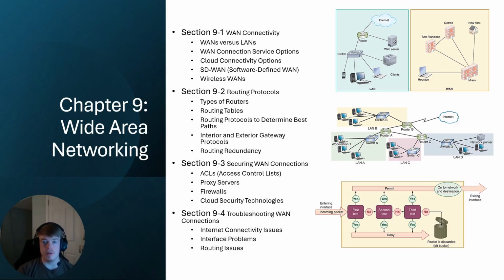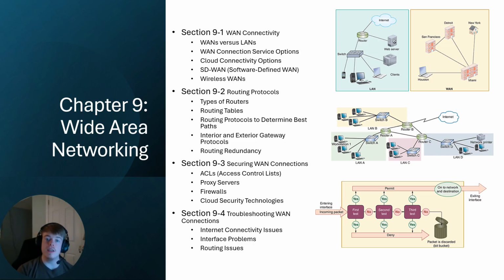Section 2 moves on to routing protocols that WANs use. There are lots of different types of routers because this is on a very large scale, and the routing tables that are used to bounce requests from router to router. It covers the protocols that are used to determine what the best, quickest, and most reliable path is.